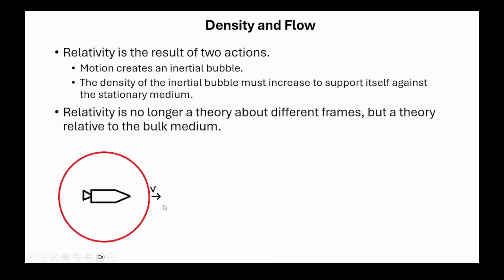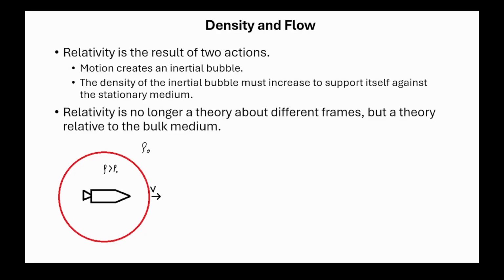And in order to support this, the pressure increase that's going to be created, the density inside here is going to be increased. So density outside in the stationary medium is going to be rho naught, whereas the density inside is going to be greater.